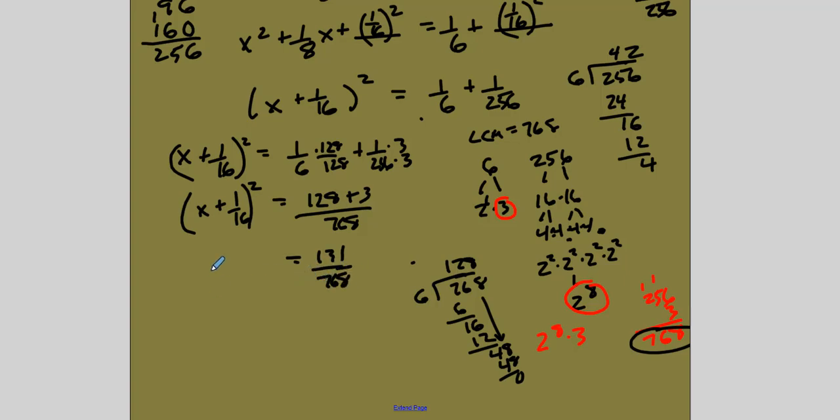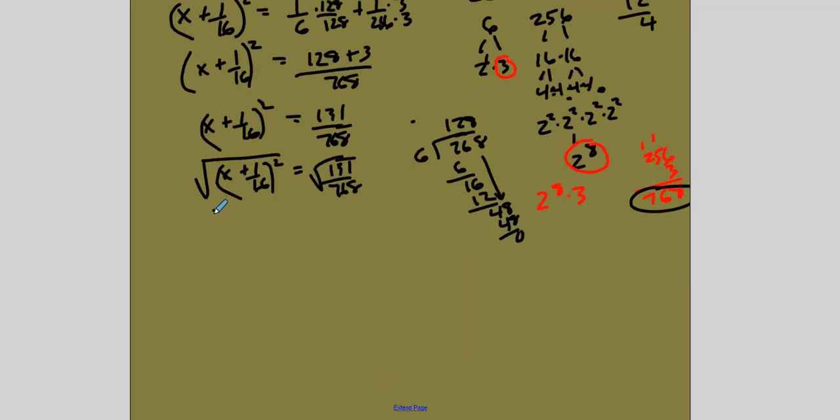Okay, so now I have x plus 1/16 quantity squared equals 131 over 768. So now I take the square root of both sides. And I get this.